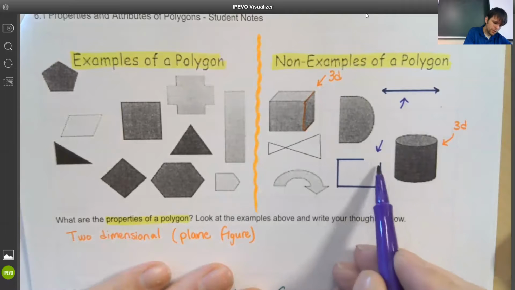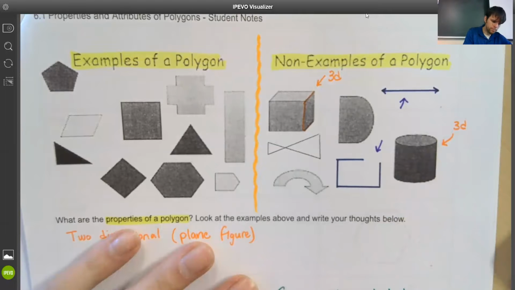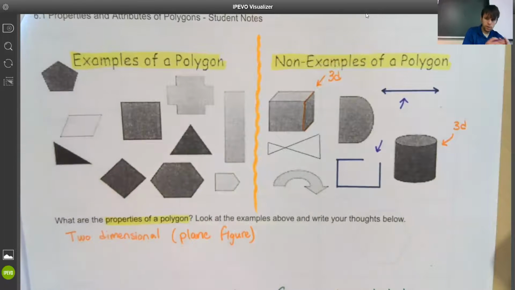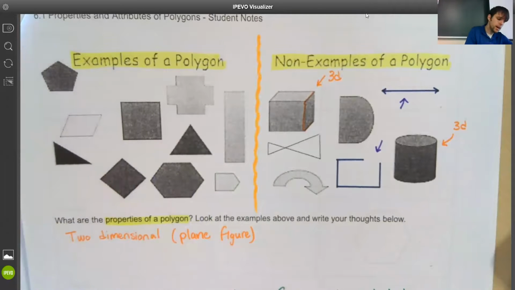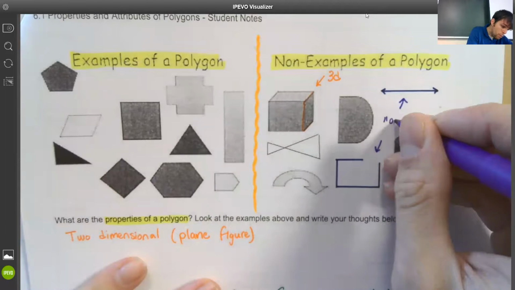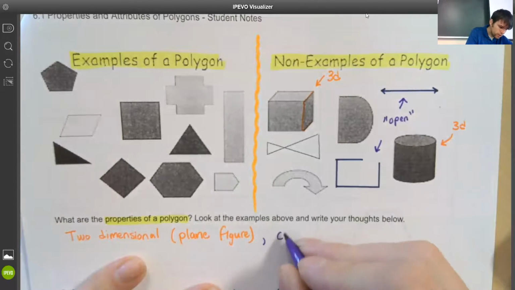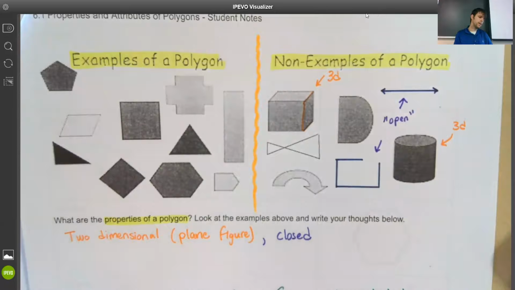Whereas on this one, you'll notice there's this sort of gap here, and it's kind of unclear where the inside and the outside of the figure begins or ends. Whereas all of these shapes over here, you'll notice all of the vertices do actually meet each other and they're closed, and there's kind of a clear inside and an outside of the shape. So these are, I'm going to say, open, whereas a polygon should be closed. So what I mean by closed, again, is there's sort of a clear inside and an outside.